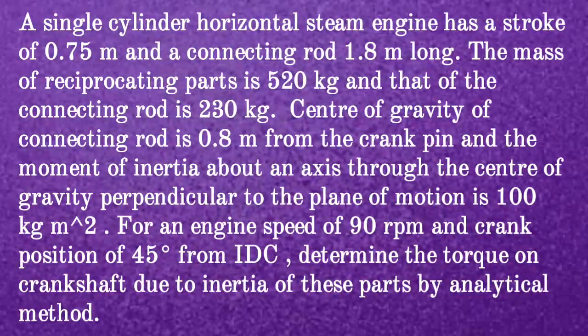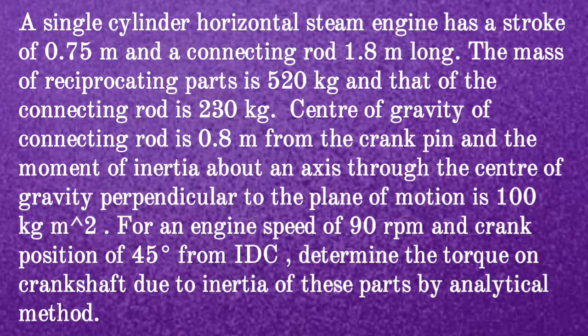Given question: a single cylinder horizontal steam engine has a stroke of 0.75 meter and a connecting rod 1.8 meter long. The mass of reciprocating parts is 520 kg and that of the connecting rod is 230 kg.